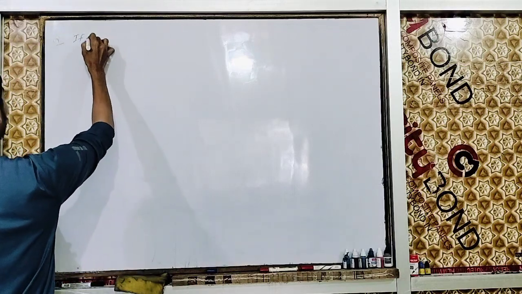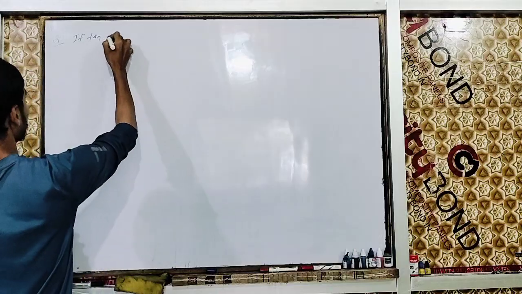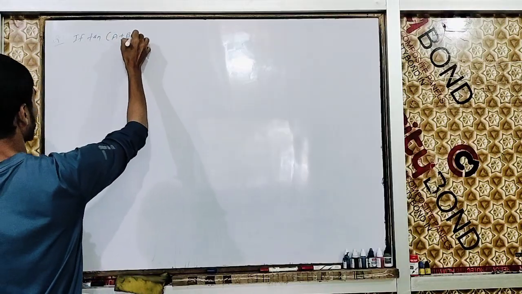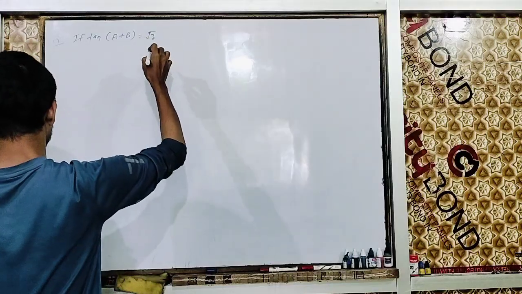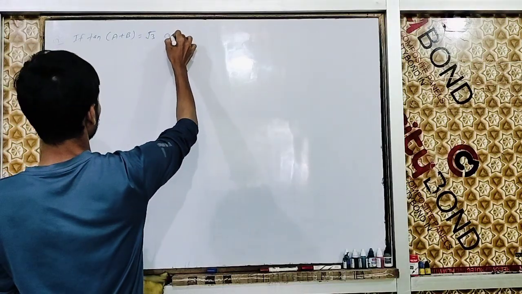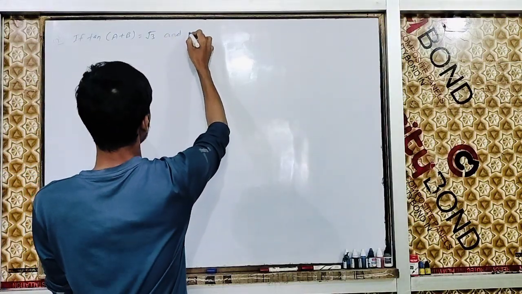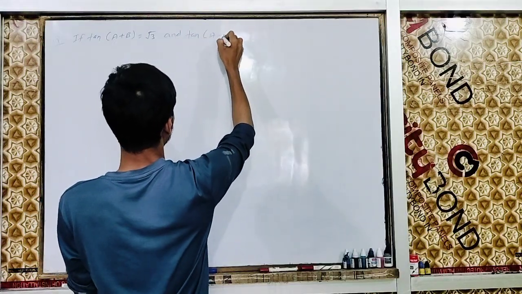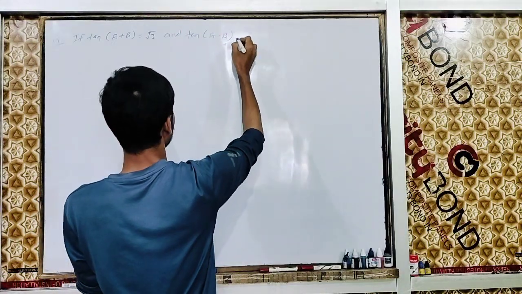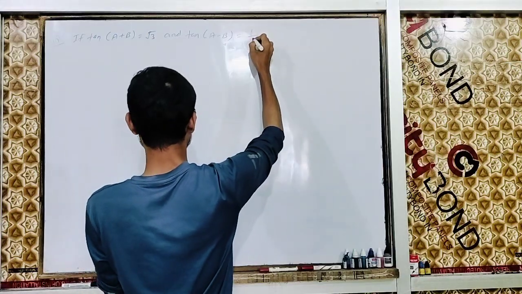If tan of a plus b is equal to root 3, and tan of a minus b is equal to 1 upon root 3.